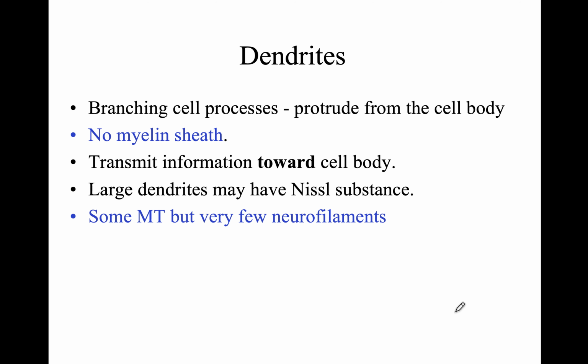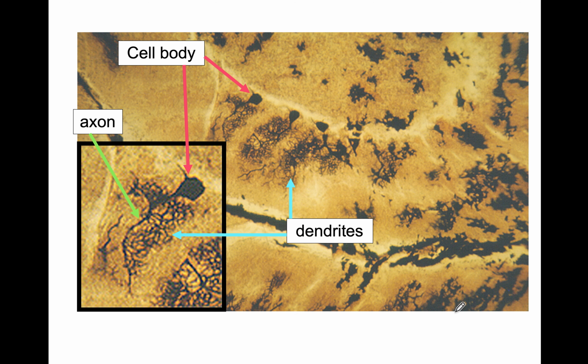Large dendrites may have Nissl substance and contain microtubules, but fewer neurofilaments. So here, this one is the axon, and this one with branching, this is the axon, and all of these branching structures here are the dendrites.